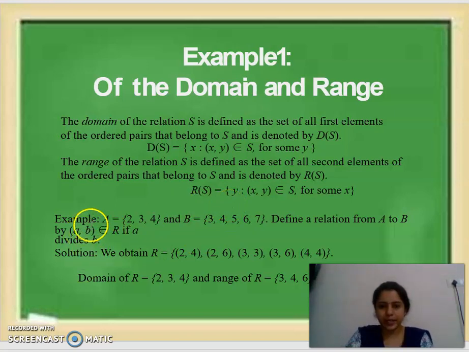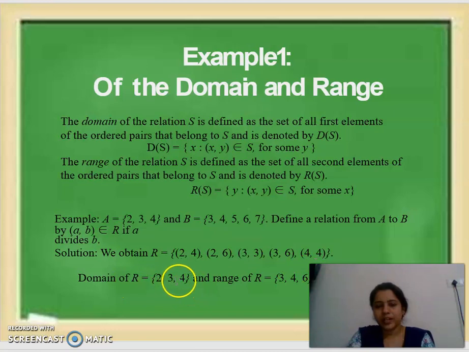For example, here the A set contains 2, 3, 4 and the B set contains 3, 4, 5, 6, 7. And the relation coming from these two sets contains (2, 4), (2, 6), (3, 3), (3, 6), (4, 4). So take all the first elements from each pair, and here we'll get 2, 3, 4.